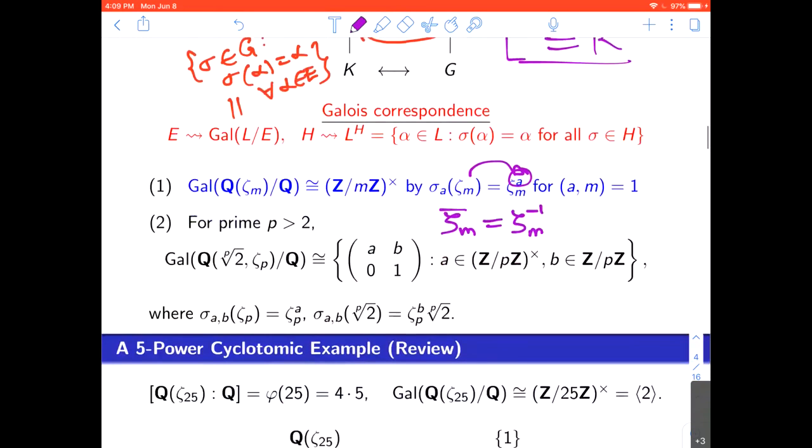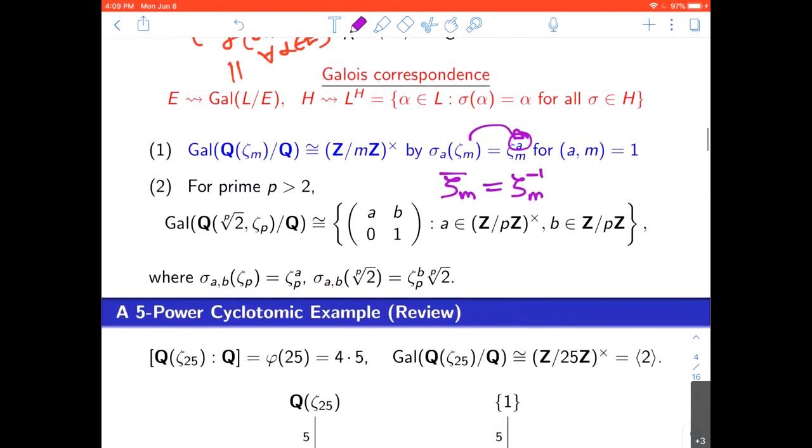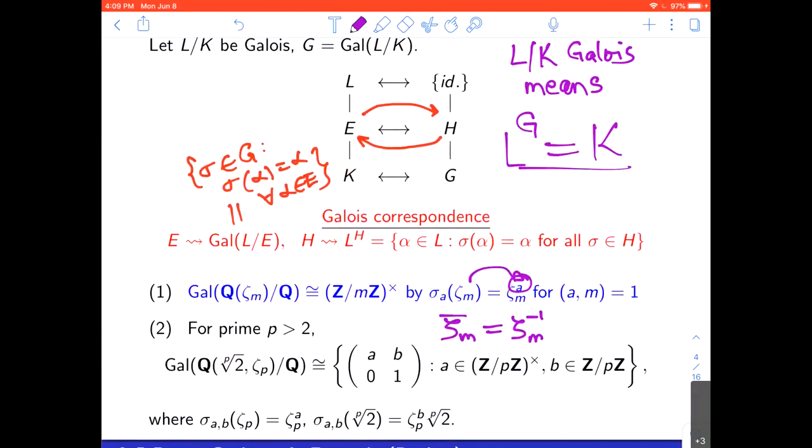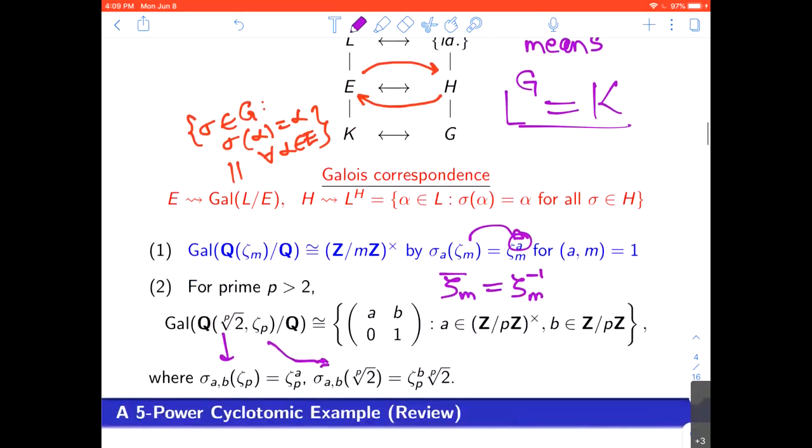In the second example, the way the automorphisms compose behaves just like the way those matrices multiply. This is an example that I work out in the course notes, so you can see it there. The automorphisms affect the roots of unity by a power, and they affect the pth root of 2 by a power that's just some exponent that's an integer mod p.